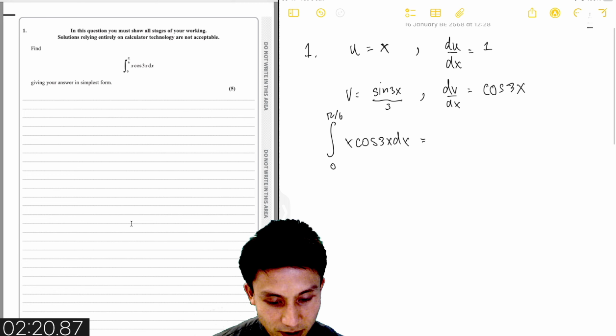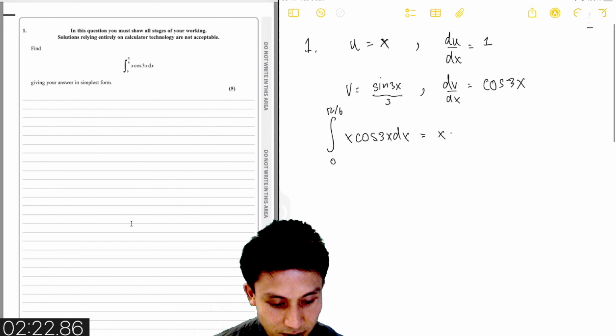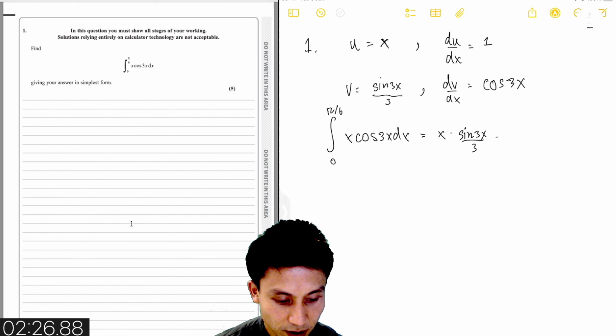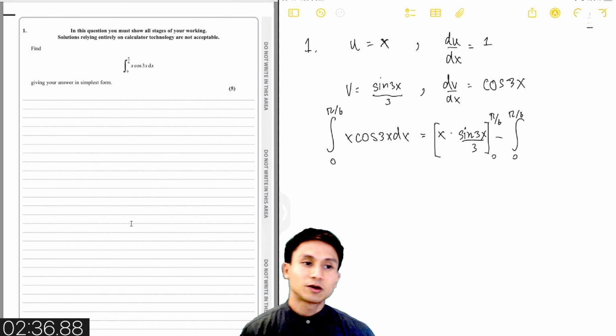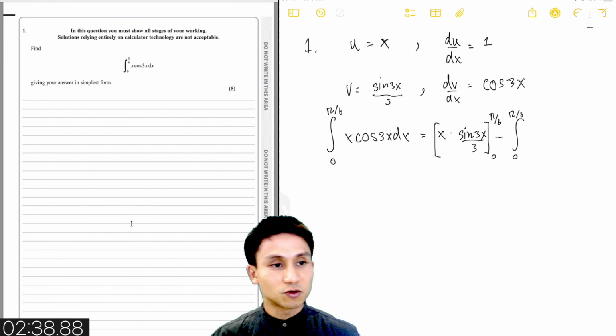So uv is just x times sine 3x over 3 minus integrate again with the same bounds, and don't forget to put the bounds here as well, because those two are already the integrals, right?